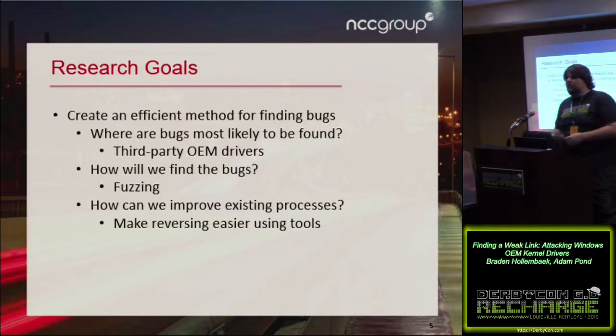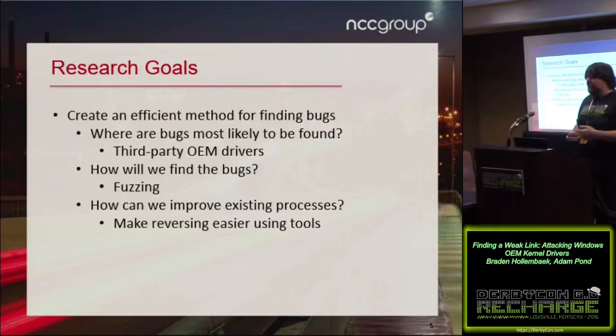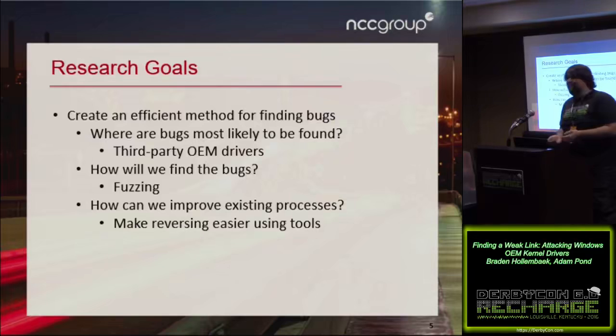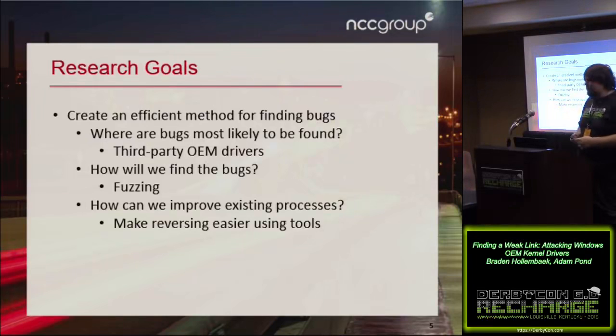That being said, Microsoft has done some very recent things to improve their driver security model. You can still find bugs in Microsoft drivers, but their rigorous security development lifecycle definitely makes it less of an easy target. On the other hand, OEMs don't necessarily have that same level of security extended to them, and so we chose them to be our targets.